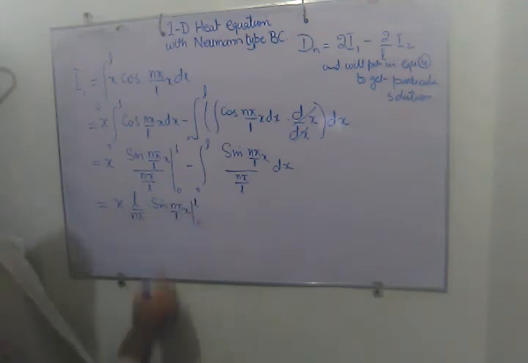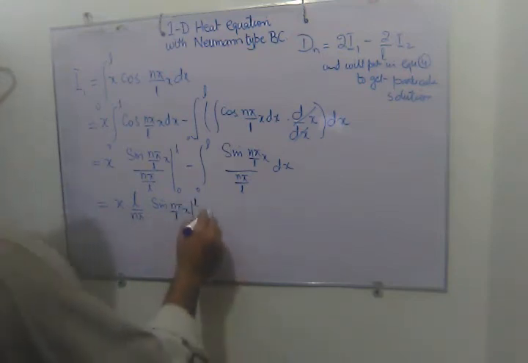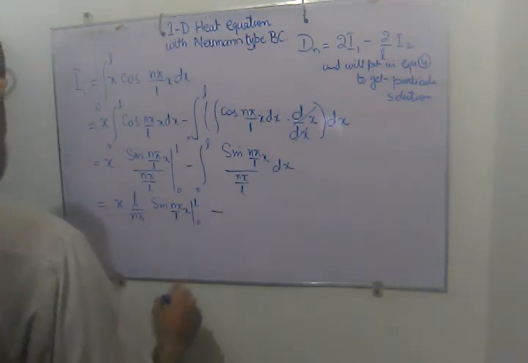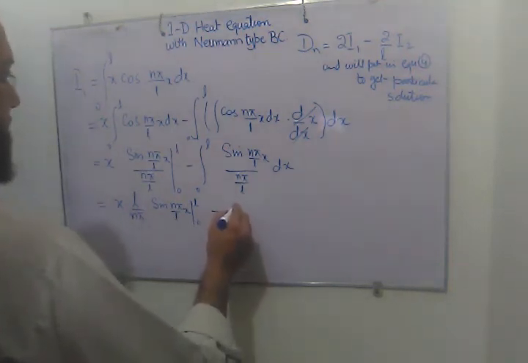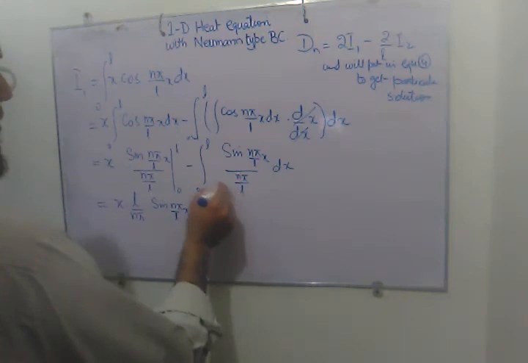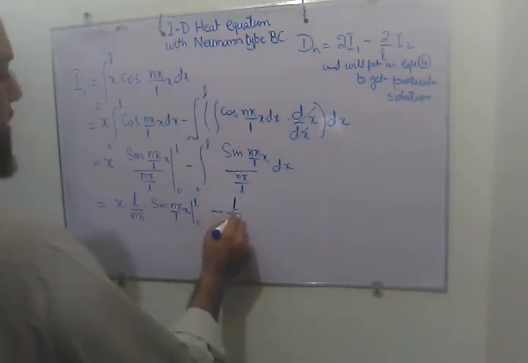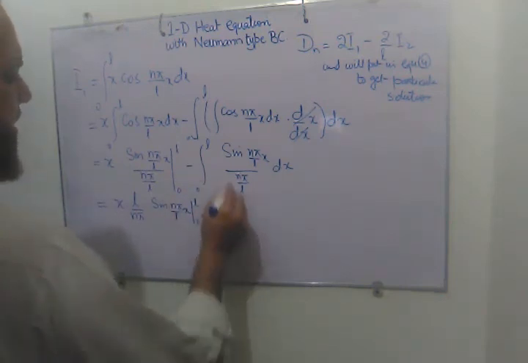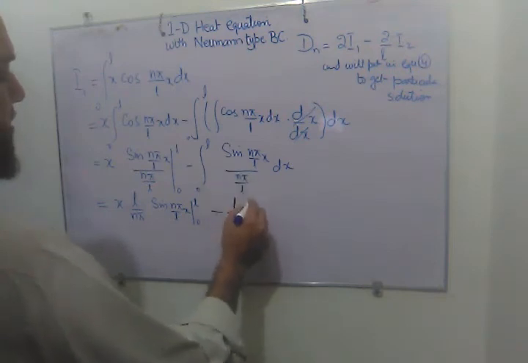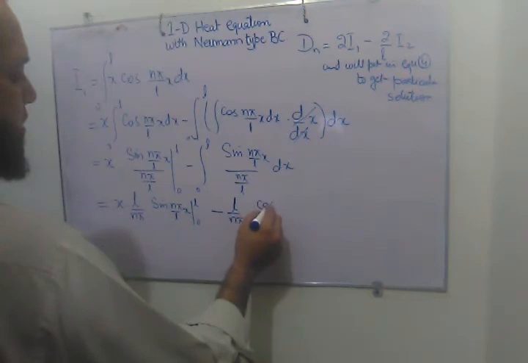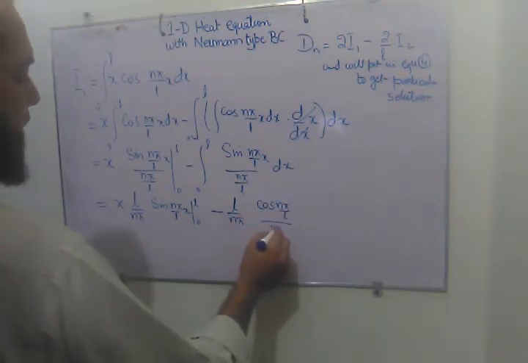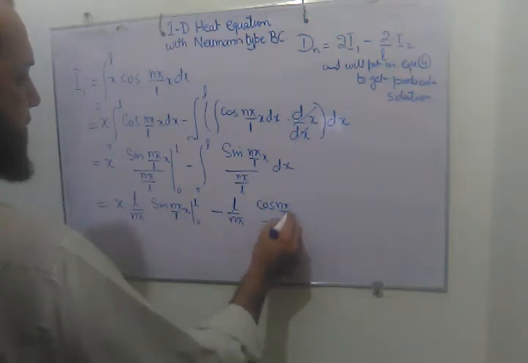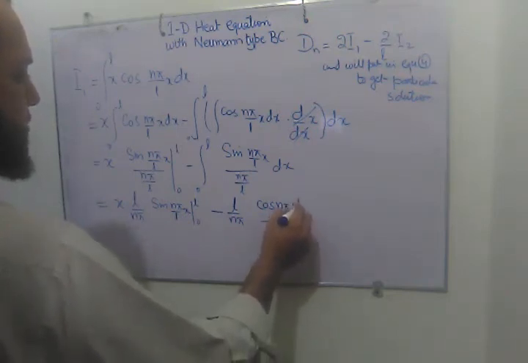We did not put the limit yet, and we take this L upon n pi out of the integral. We take again the integral of this sine term. It would become minus cos n pi upon L x over n pi upon L, 0 to L.